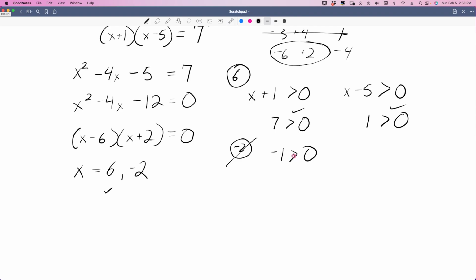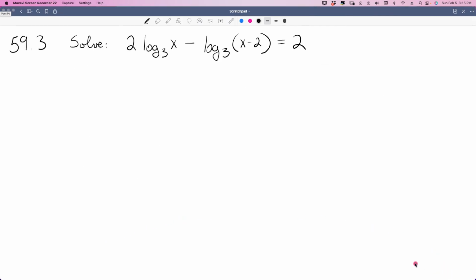In fact, it would cause both of these arguments to be negative because it would make this a negative 7. So we can't use negative 2. So our only solution for x is going to be positive 6. So that is what we would write. We would write in our only solution, x is equal to 6, in our answer.